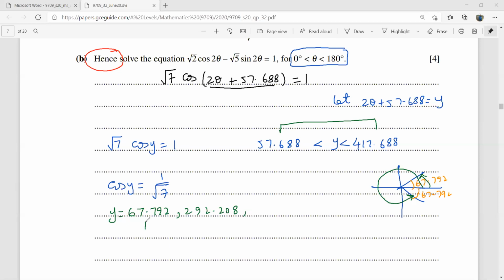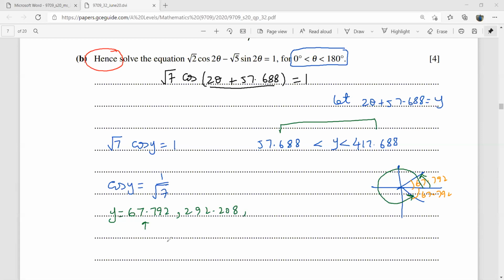Into this angle I'll be adding 360. If I add 360 into the 67 point something, there is going to be something like 427, so this is going to go out of these limits of y. So these are the only two values of y, okay? And do not forget that you were supposed to give the value of theta.